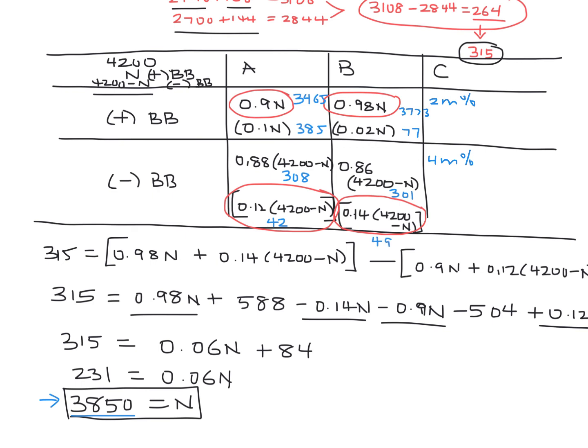And this one, well, we don't know what m is, so unfortunately we've got to do a little math here. It's going to be 2m over 100 times that 3850. Okay, and this one is going to be 1 minus 4m over 100 times that 350.